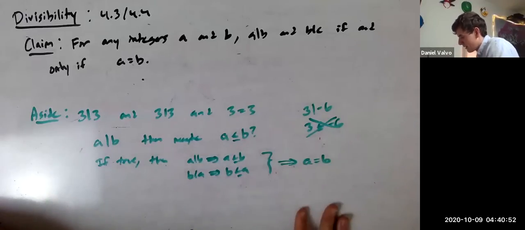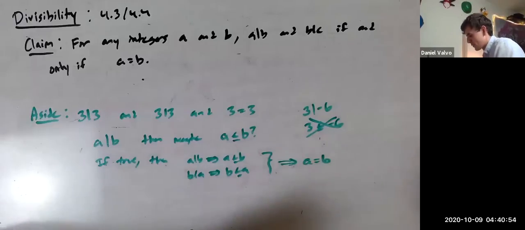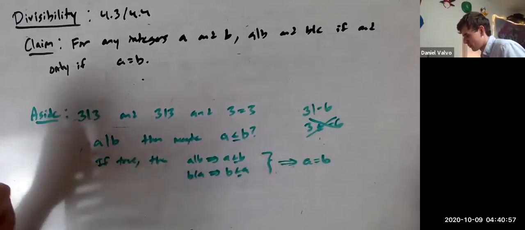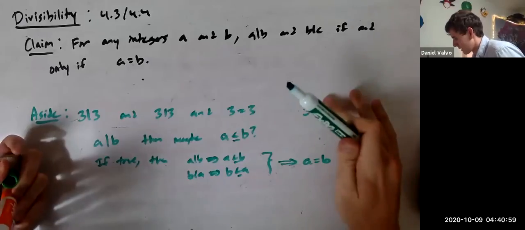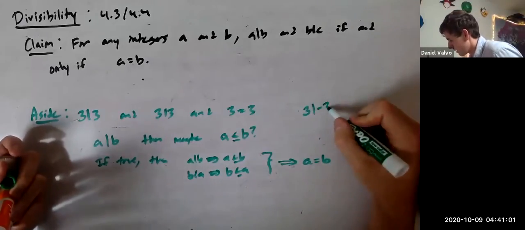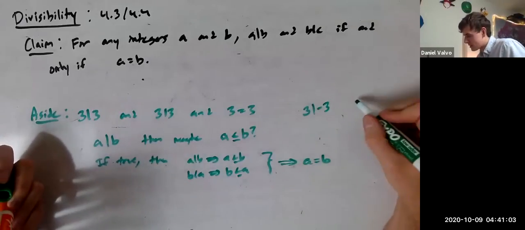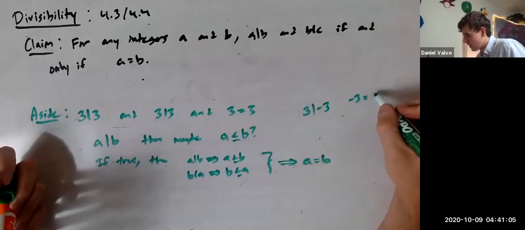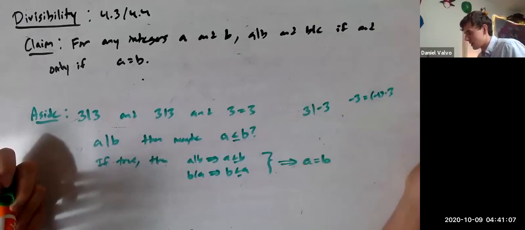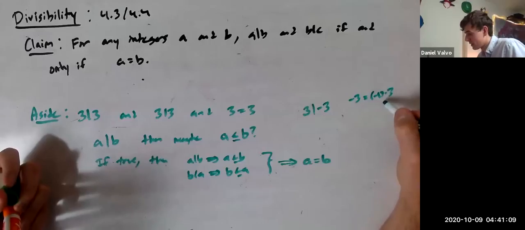But then wait a minute, this might lead us to a different thing, and that is what if we just use -3? 3 divides -3, right? Since -3 equals -1 times 3. We can find it's an integer multiple of 3.